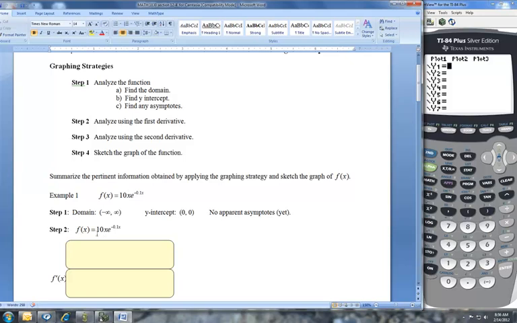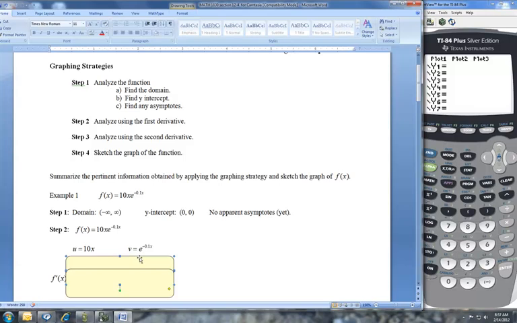So step 2, let's go get our first derivative. Since I've got 10x times e to another function of x, I'm going to have to use my product rule. I'm going to let u be my first factor, v be my second. Now get your derivative. The u prime would be 10. V prime, if you remember, is 1 times the derivative of the exponent, times, and repeat your v.